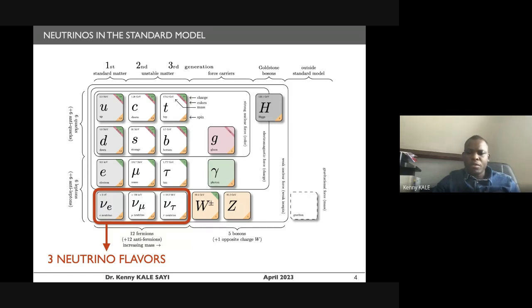The same way we have electron, muon, and tau, we have a neutrino for the electron, a neutrino for the muon, and a neutrino for the tau. This is the first thing you need to know about neutrinos: they are fermions, they are leptons, and they are the non-charged leptons.